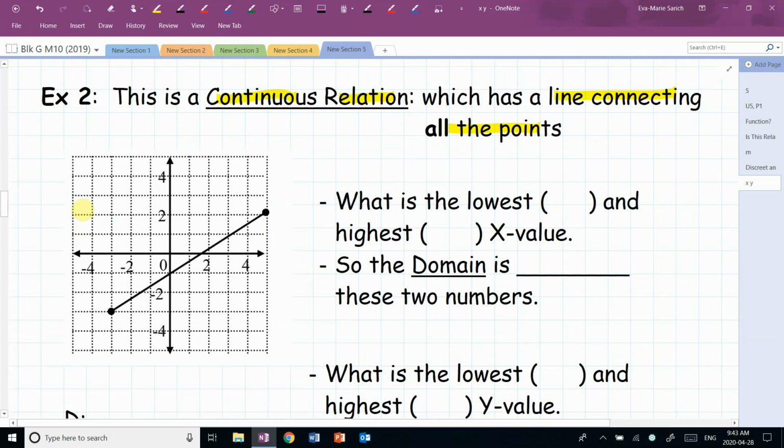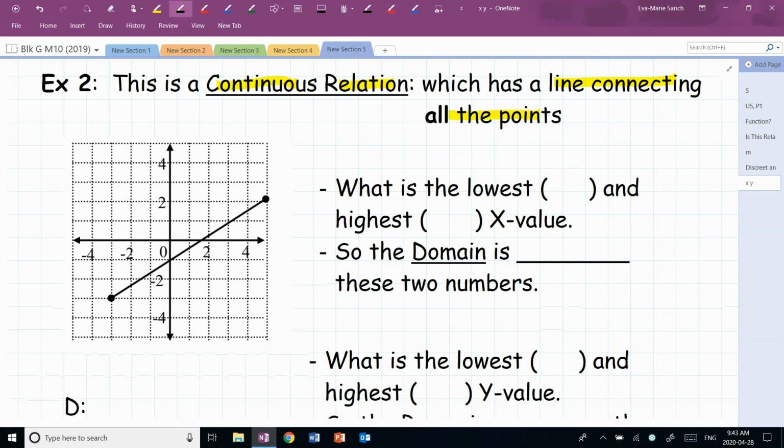Okay, let's look at this first example. We have 2 points here and here that are shaded in to show that those points are part of the graph, but so are all of the other points along that line. So when we have a continuous graph, we need to think, what are the highest values and what are the lowest values? The highest value is here on our x, and that would be +5.